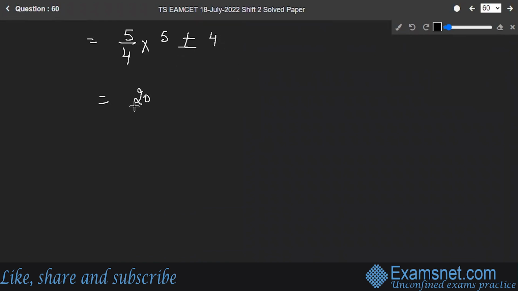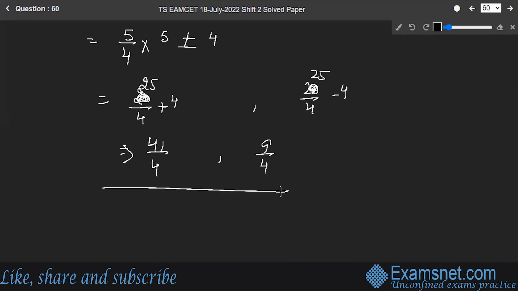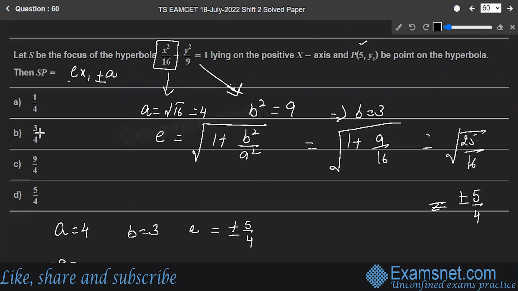So this comes out to be 25 upon 4 plus 4, or 25 upon 4 minus 4. Sorry, this is 25. So this has got to be 41 by 4 and 9 by 4. These are the two possible values, 41 by 4 and 9 by 4. 41 by 4 is not in the options, but 9 by 4 is option C, and that stands to be the correct answer. Hope you got that.